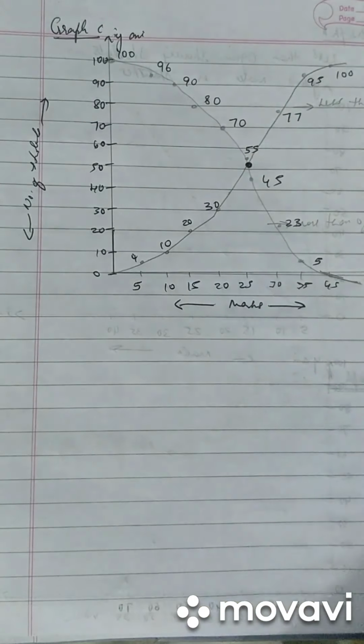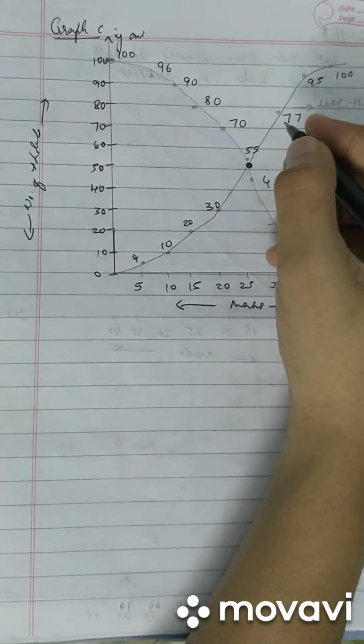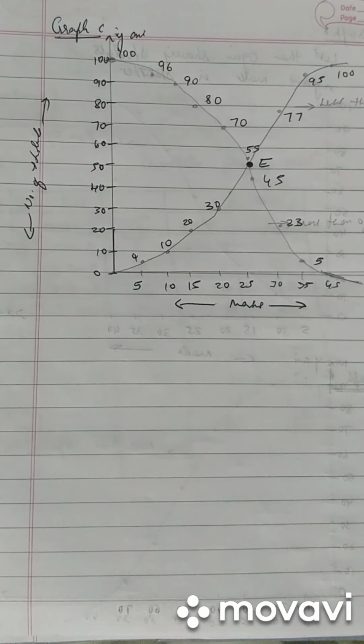There will be a midpoint where both the ogives intersect, that is the less than ogive and the more than ogive. Mark that as any alphabet. So clear? Usually in the exam they will be asking any one of the ogives.